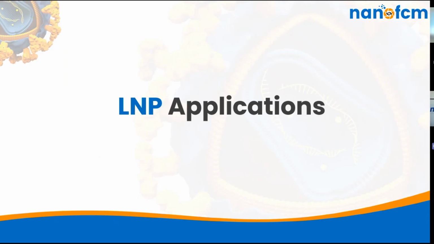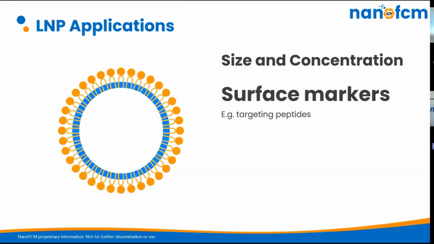Talking about LNPs, you will find that like EVs, we can do size and concentration of lipid nanoparticles, also unlabeled. We can look at surface markers for targeting peptides, which is quite a popular area of exploration in lipid nanoparticles currently. We can also do advanced characterization with these for the fluorophores of AF488 and AF647.